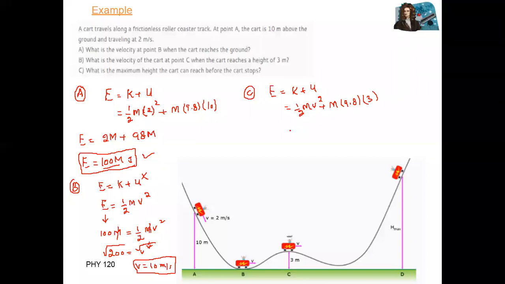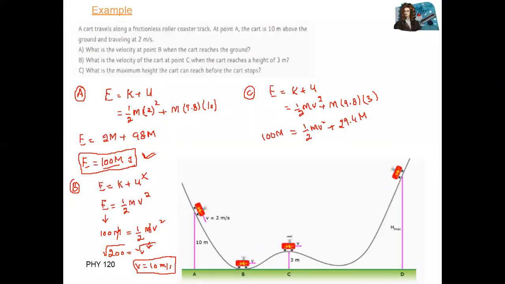So same this one equal to half m v square plus 3 multiply with 9.8. So 3 multiply 9.8 equal to 29.4 multiply with m. And E is equal to what? Putting value of E from first one, E is equal to 100 m. Correct. Yes, so 100 m.